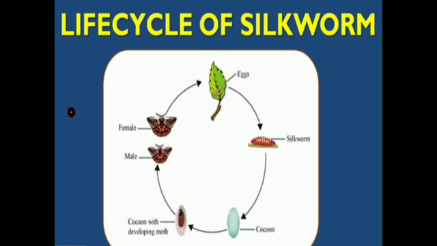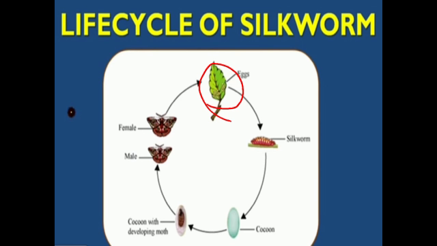The new individuals which are born or hatched from eggs continue to grow till they become adults. So this is the egg.